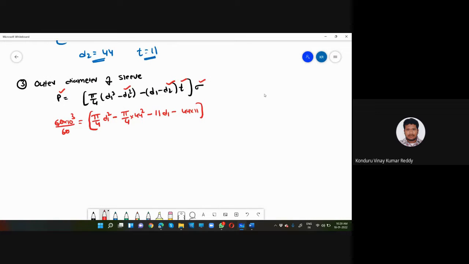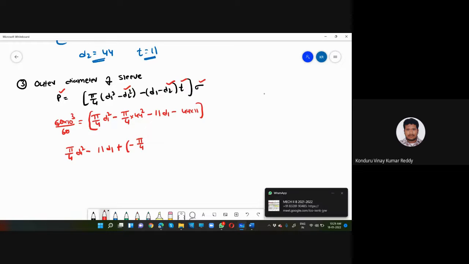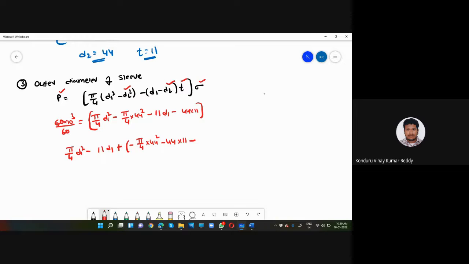Just do the simplification: pi by 4 d1 square minus 11 d1 minus pi by 4 into 44 square minus 44 into 11, and also minus 10 to the power of 3. This is in the form of ax square plus bx plus c.